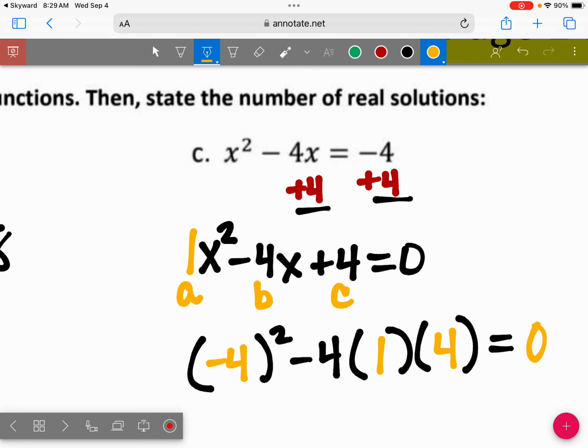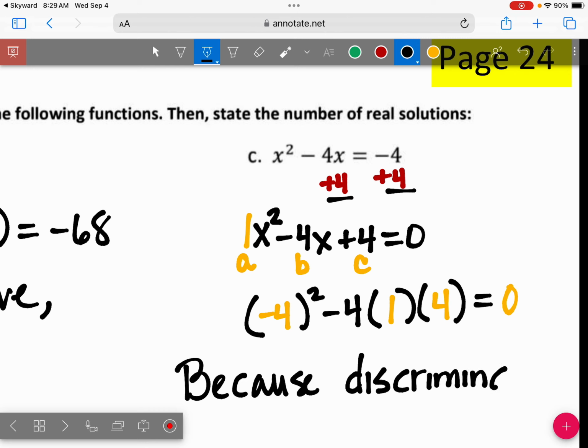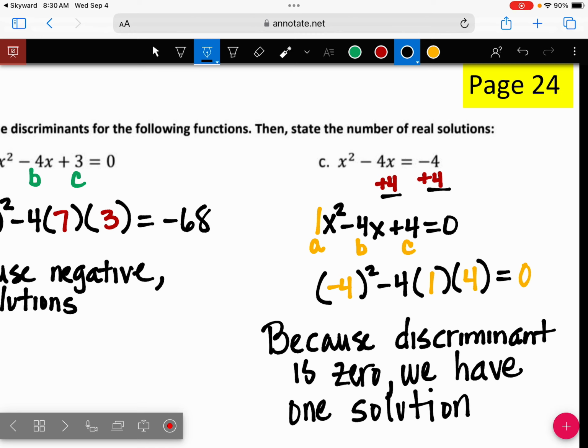All right, so because we got 0, I'm just going to say the discriminant is 0. That means that we have how many solutions? Show me with your fingers. How many solutions do we have? Yeah, we have 1 solution. Good job.